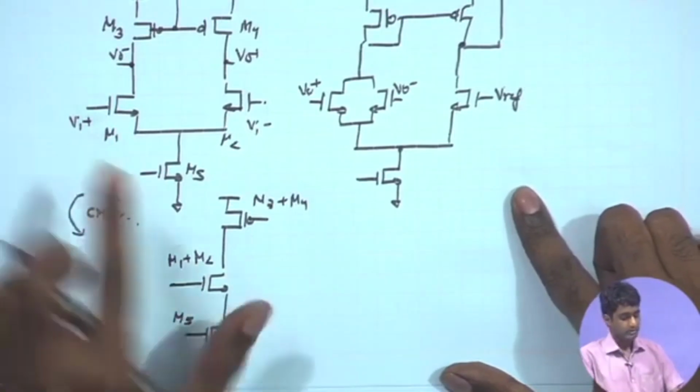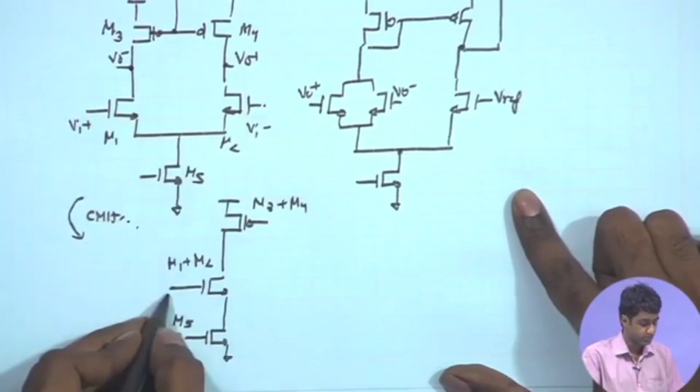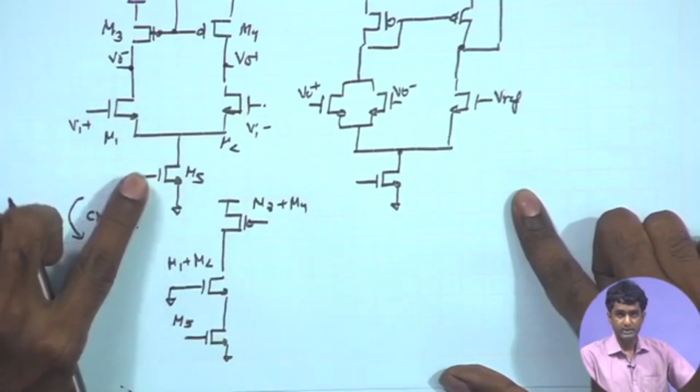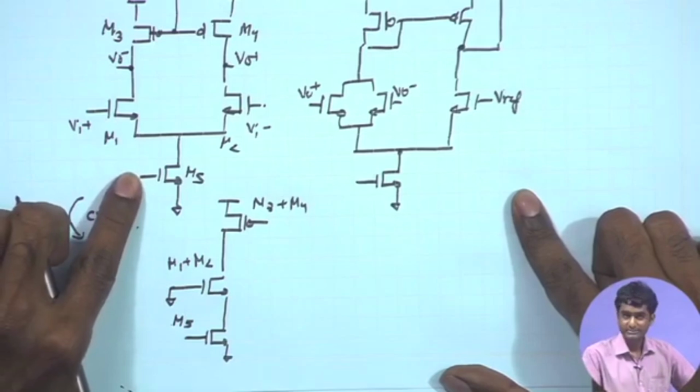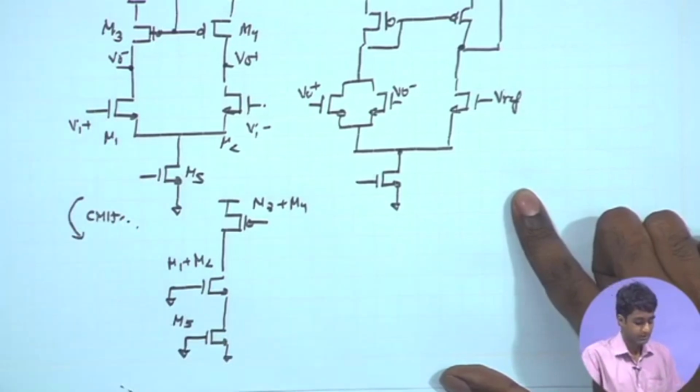So, we are talking about DC potential. So, gates of M1 and M2 both are at DC bias point. So, I can put an AC ground over here. Likewise, the gate of M5, which is the tail current source, is also at a DC bias point with the help of a reference current mirror, for example. So, we can put an AC ground over here as well.